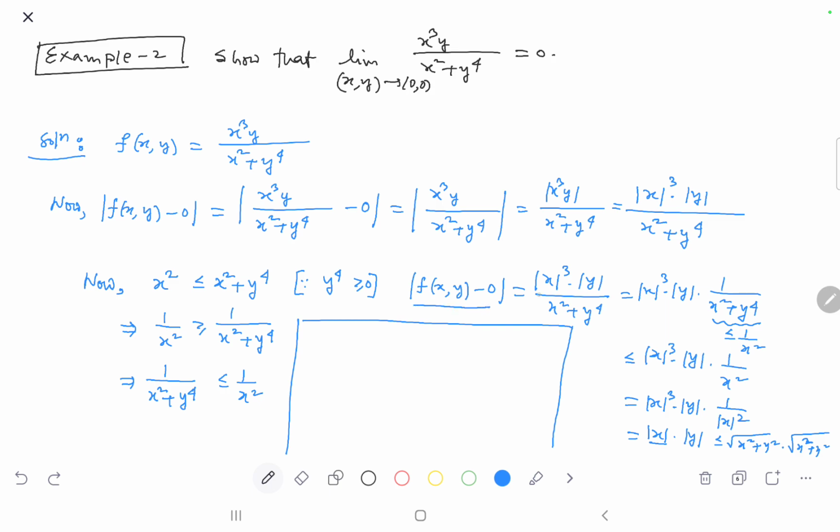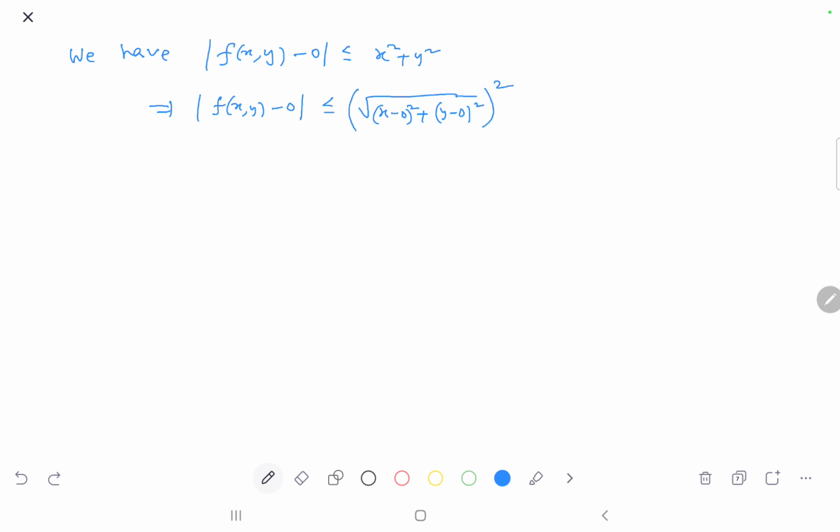This is less than or equal to this, and simplifying, the total expression |f(x,y) - 0| is less than or equal to (the square root of x² plus y²) whole squared. So |f(x,y) - 0| is less than or equal to x² plus y². Let me write it on the next page.